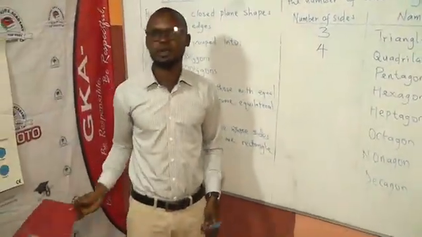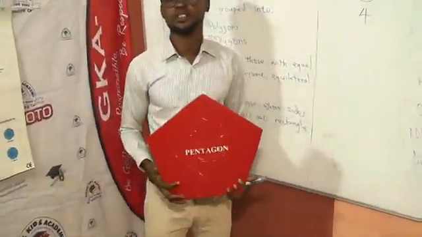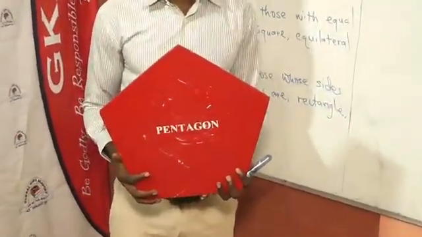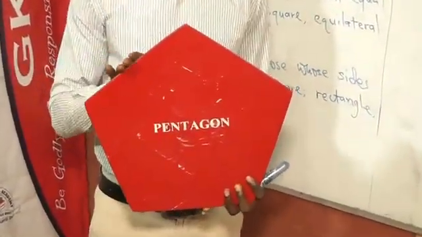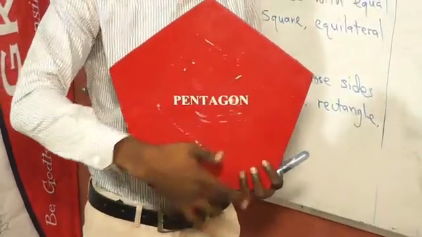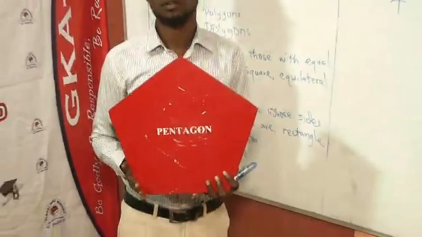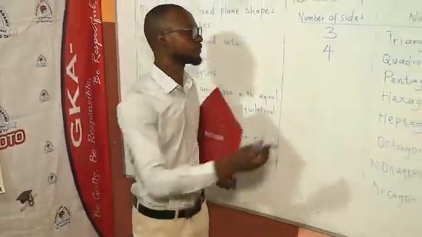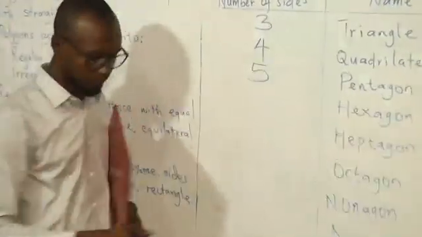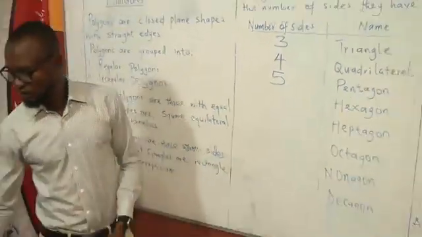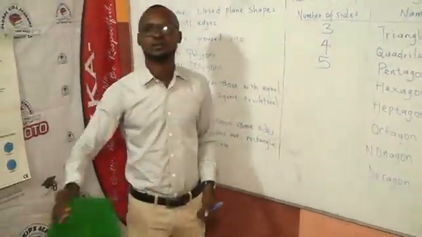The next is a pentagon. A pentagon is a polygon with 5 sides. 1, 2, 3, 4, 5. 5 sides, called pentagon. The next is the hexagon.